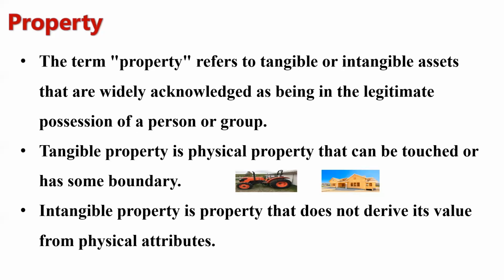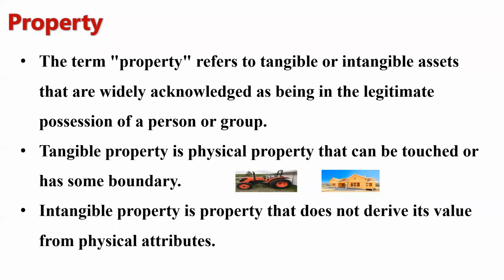So if you see what property is, it refers to the tangible or intangible assets that are widely acknowledged as being in the legitimate possession of a person or group. Here I am saying two terms, tangible and intangible. In general terms, property, what we understand is land or a vehicle, it is tangible because these are physical property. You can see the boundaries and you can touch it.